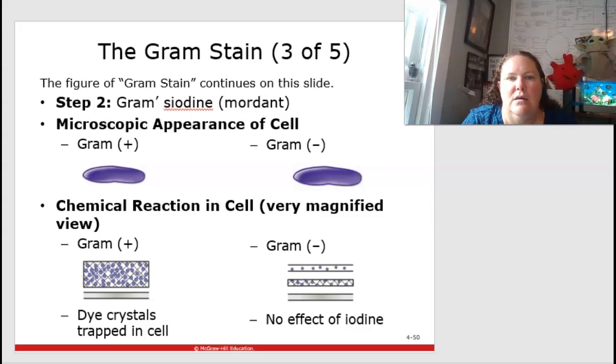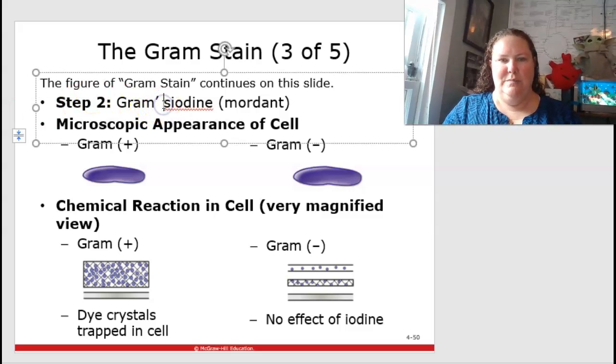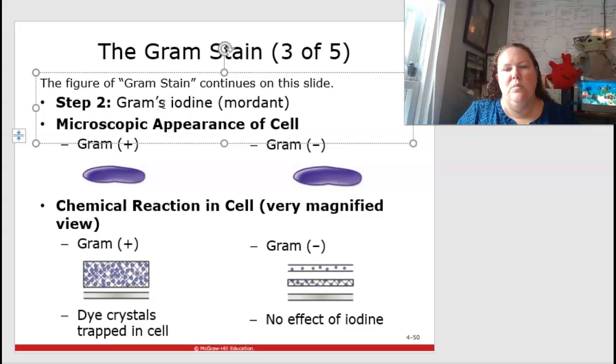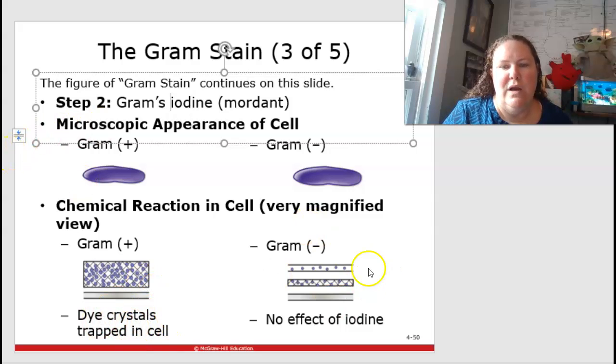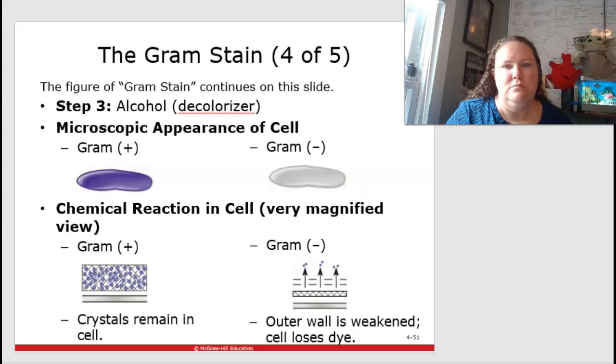But then we are going to continue the gram stain on this slide, okay? So we have the mordant, or the gram's iodine, okay? So basically in our gram positive, the dye crystals are going to be trapped in the cell, whereas in those gram negatives, it's going to wash off, and so there'll be no effect of the iodine, okay?